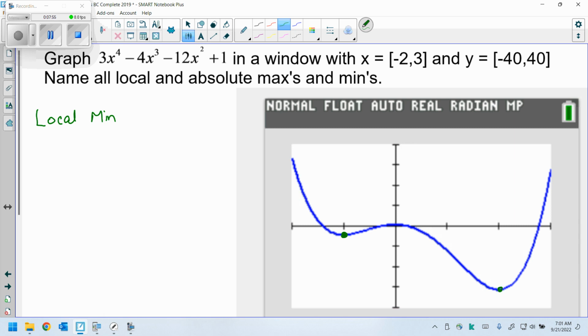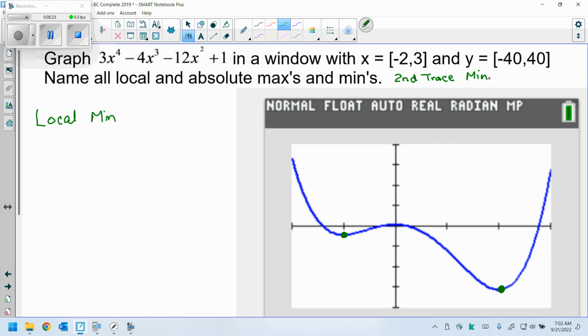It appears to occur when x is 2, but I'm not positive. And so what I'm going to have to do is a second trace. Those are the buttons I push. And those will activate calculate. And then I'm going to have to say that I'd like to calculate a minimum.